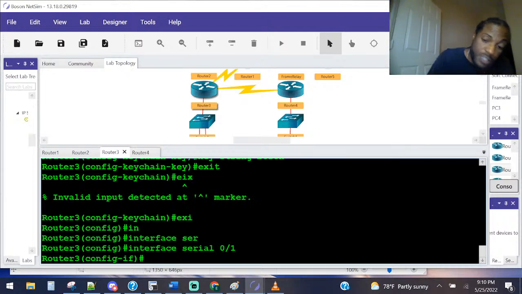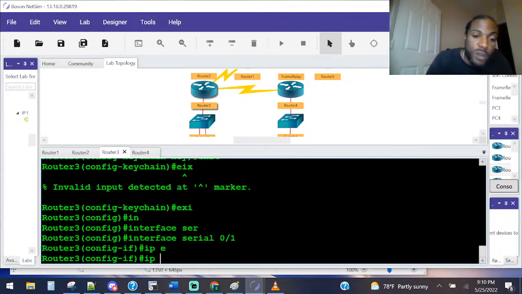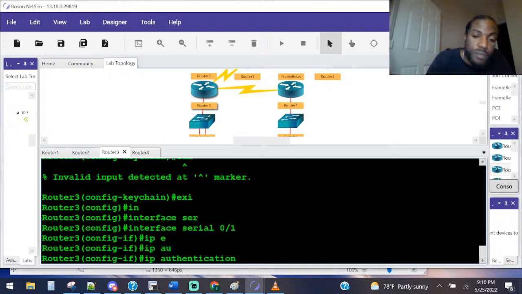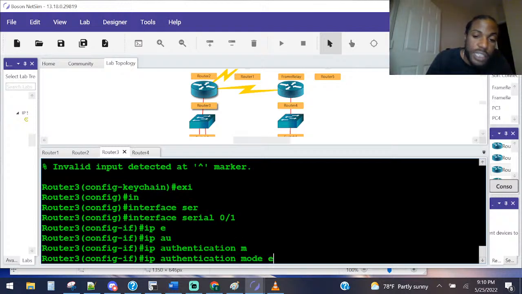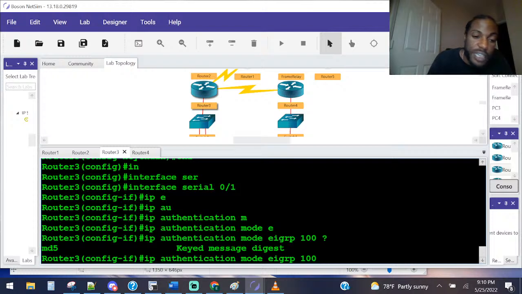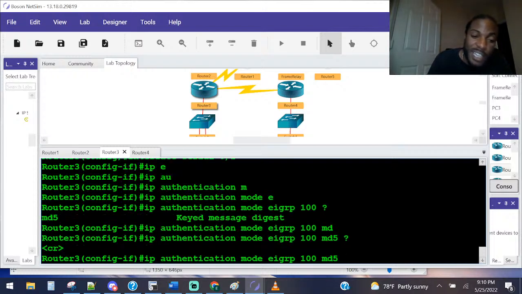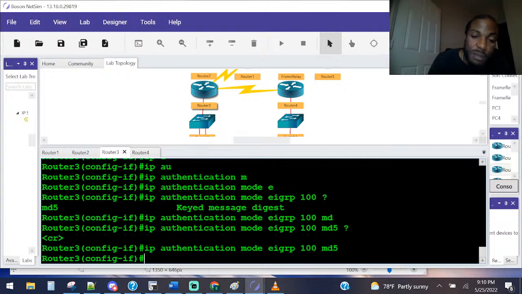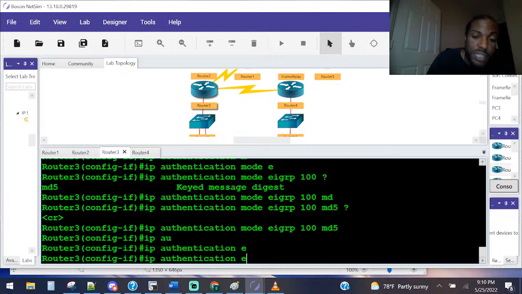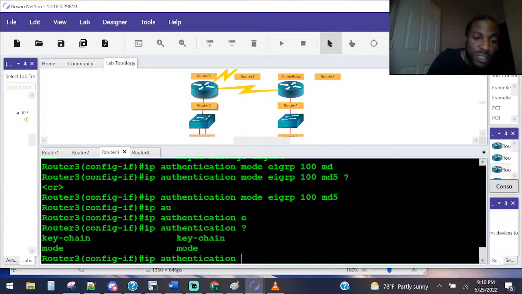Yeah, I just did it. IP, EIGRP, authentication mode, EIGRP 100, and ain't no shame in my game. I'll question mark through that. And press enter right there. That does MD5 encryption. Now we do the IP authentication. What is it? EIGRP, keychain, whatever.